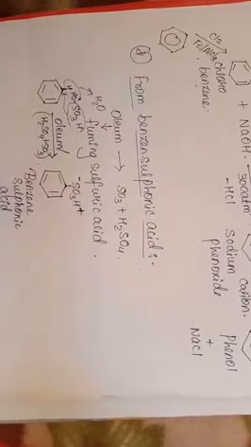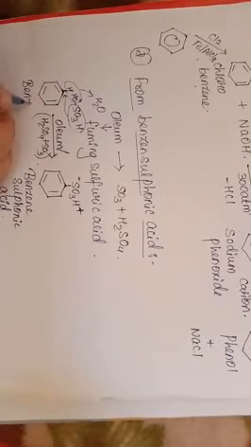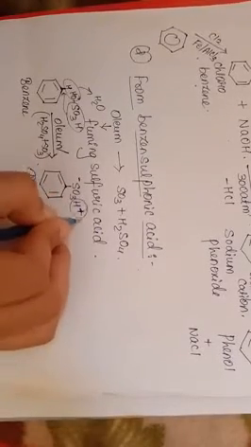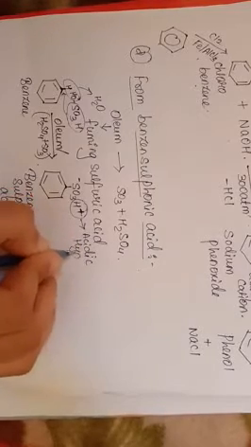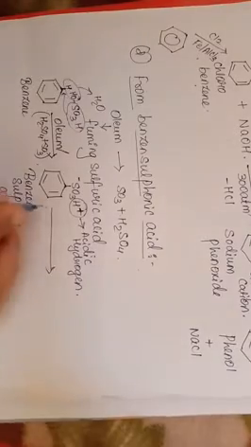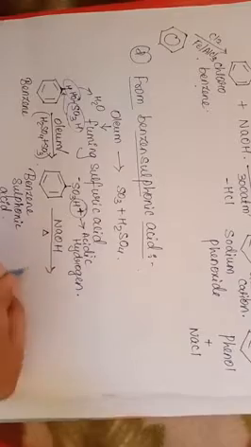I suggest writing names below the compounds in exam also, which will help you to score good marks. So here it is necessary to replace this acidic hydrogen. So a strong base is added here, that is NaOH, and some heat is provided.